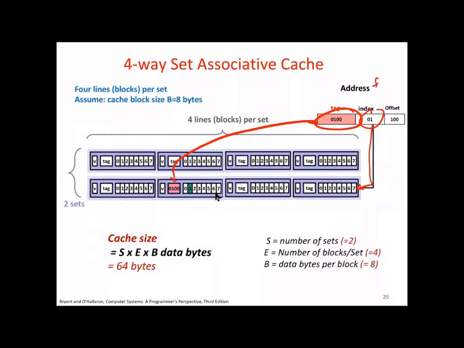Then look at the offset and read the corresponding byte. The offset is 100, it should be 4, not 1. So instead of this, we'll read this one. Or we can change this to 001.